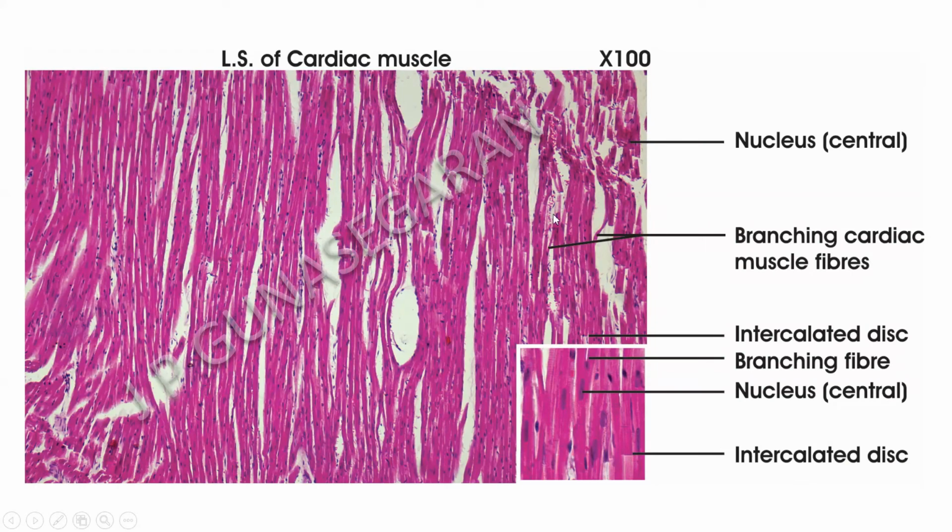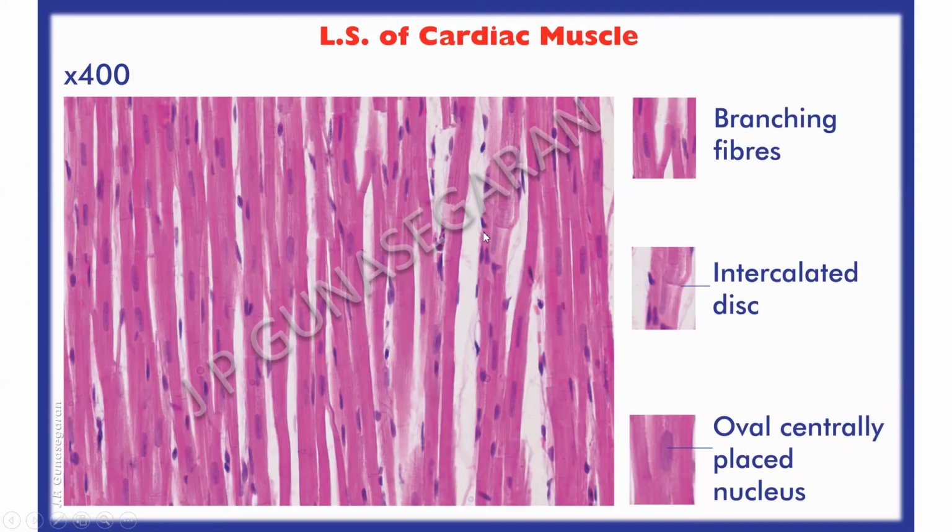This is a longitudinal section of cardiac muscle. The muscle fibers show a branching and anastomosing pattern, and the fibers are embedded in loose connective tissue known as the endomysium. Under higher magnification, one can see the branching pattern very clearly.